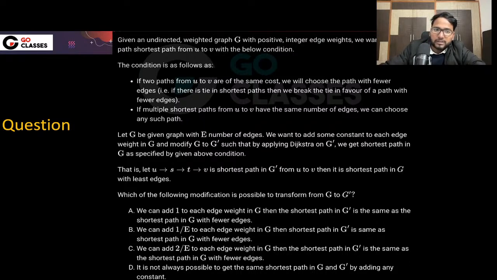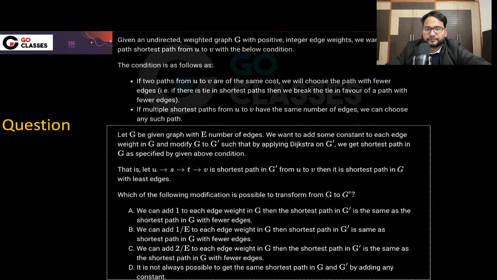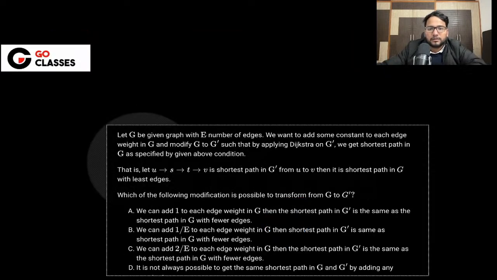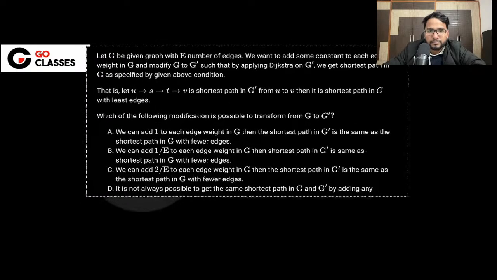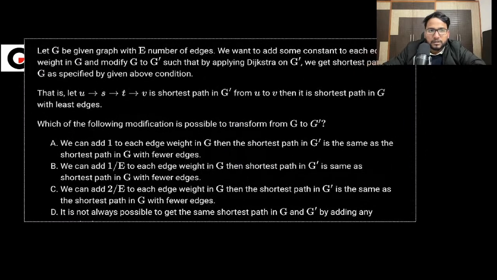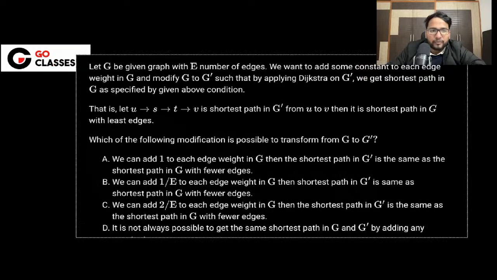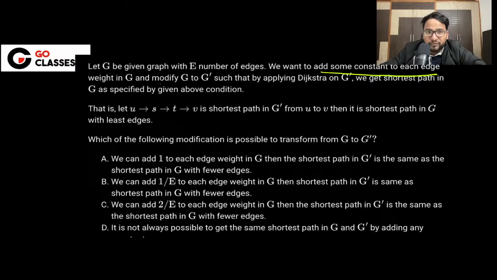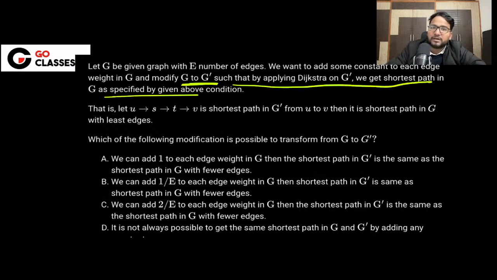Now let's see this particular question. Let G be the graph with E number of edges. We want to add some constant to each weight and modify G to G dash, such that by applying Dijkstra on G dash we get the shortest path in G as specified by the given condition.